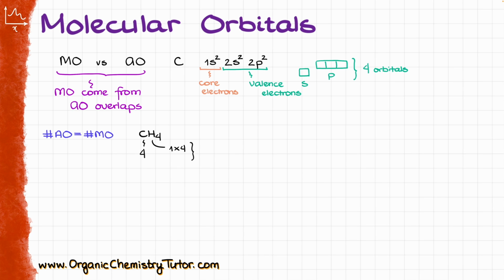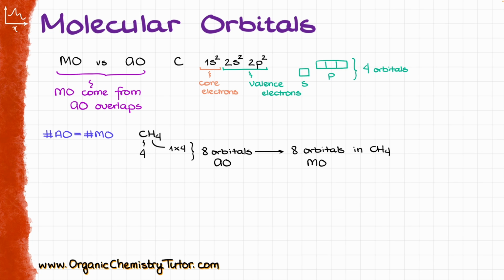So the total number of orbitals for methane is going to be 8 orbitals. At the moment I'm talking about atomic orbitals, but since the number of molecular orbitals equals the number of atomic orbitals, when we put all of those atomic orbitals together into molecular orbitals, we are also going to end up with 8 molecular orbitals in the methane molecule.